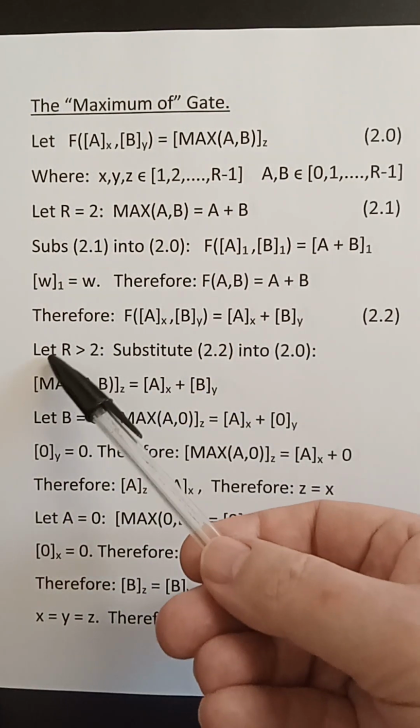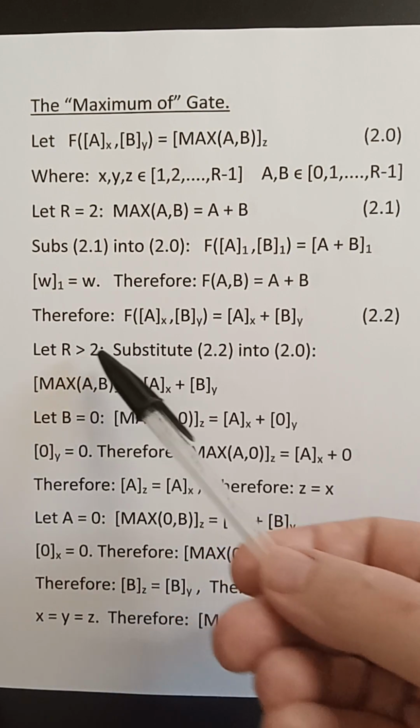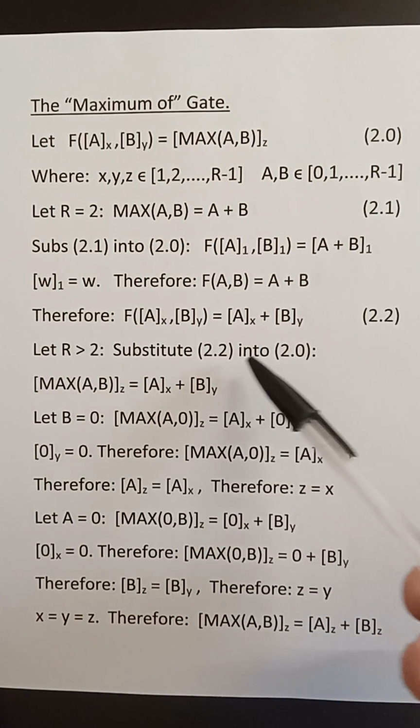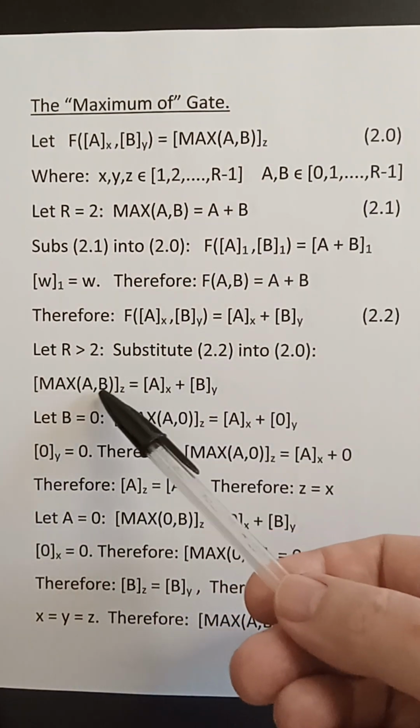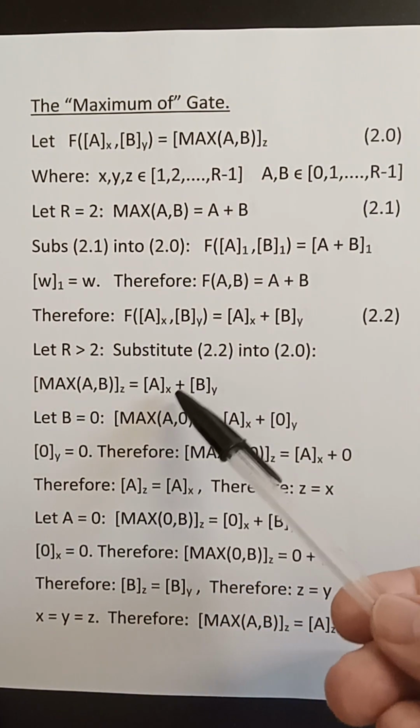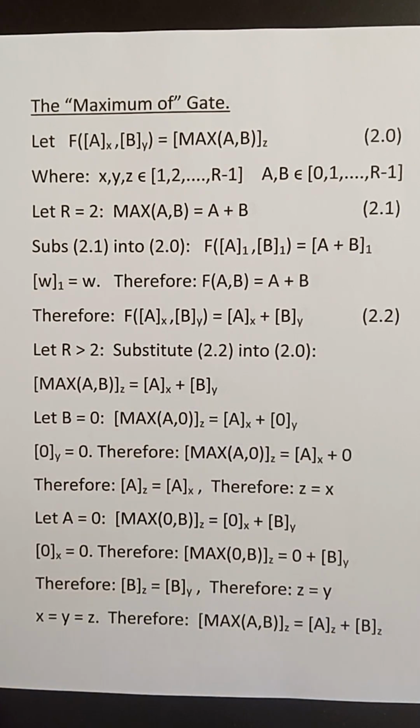So now we let r be greater than 2, substitute 2.2 into 2.0, so we get max(a,b)^z equals a^x or b^y.